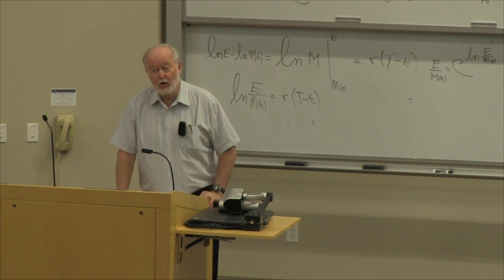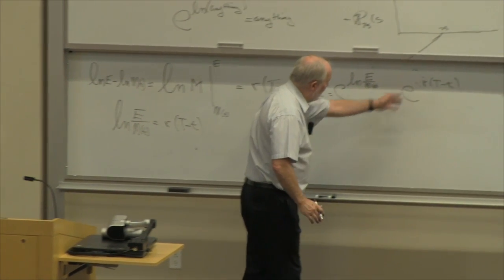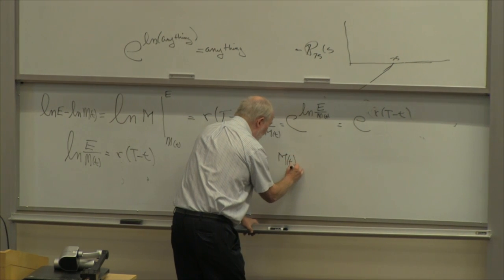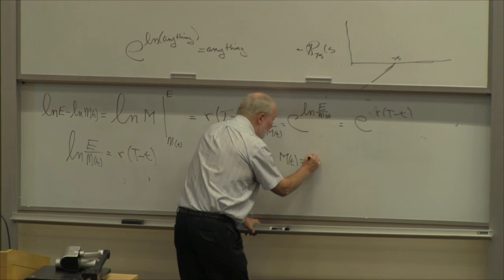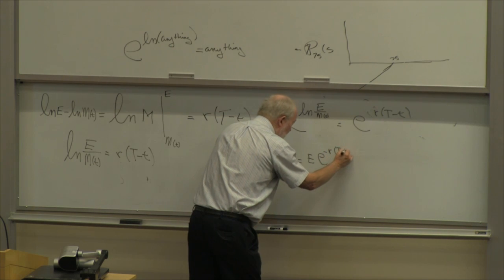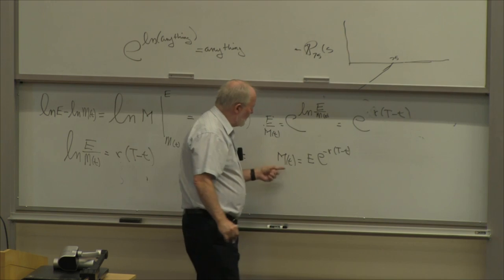Remember, I'm trying to solve for the amount of money. So I'm going to invert this. So when I do that, I have that the amount of money today is E to the minus R times (T minus t). The minus came from inverting this so I could solve for that.